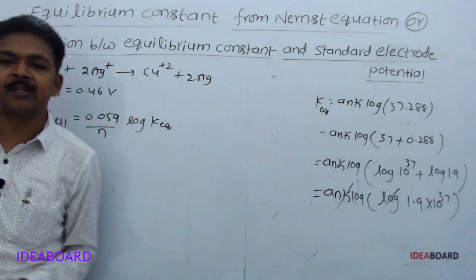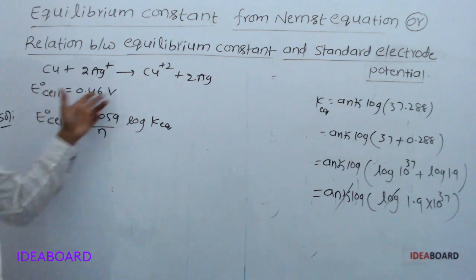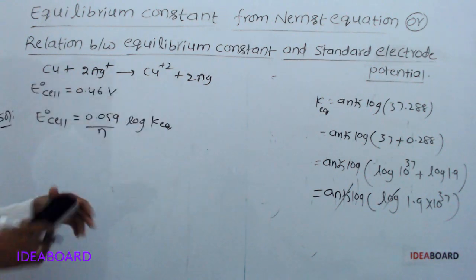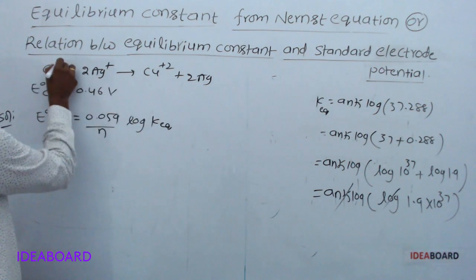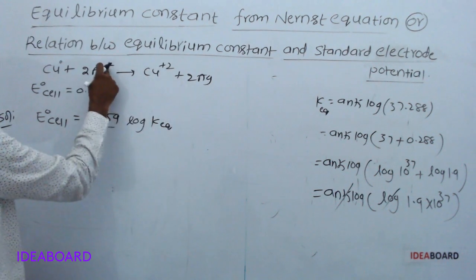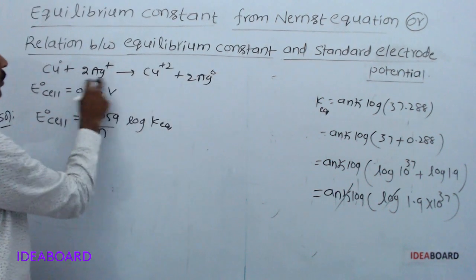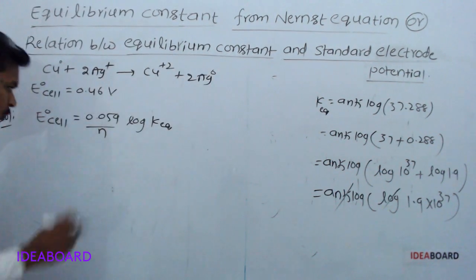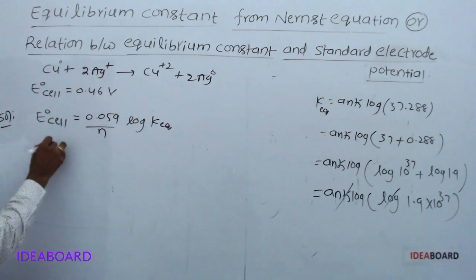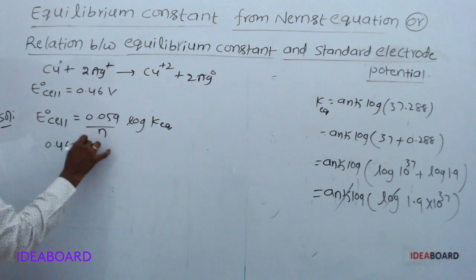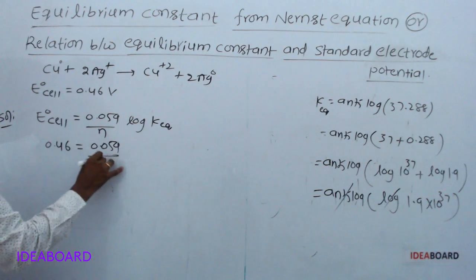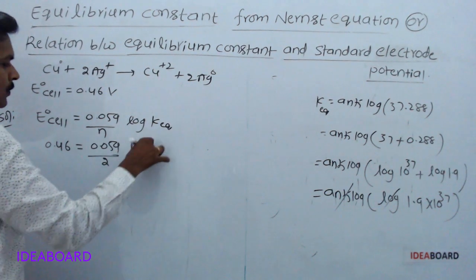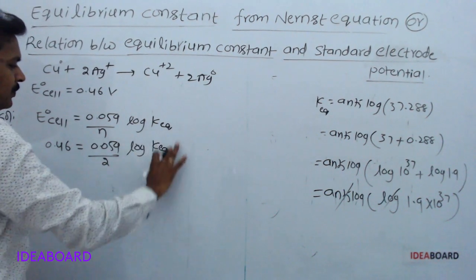This E naught cell value is 0.46. In this reaction, Cu goes from 0 to 2+, and Ag+ goes from 1+ to 0, but 2 moles of Ag+ are involved. So this n value is 2. So 0.46 is equal to 0.059 by 2 log of the equilibrium constant.